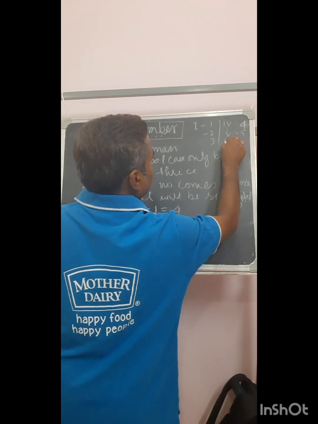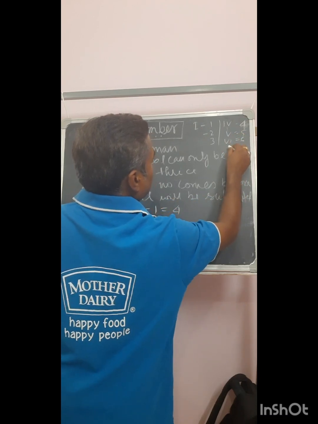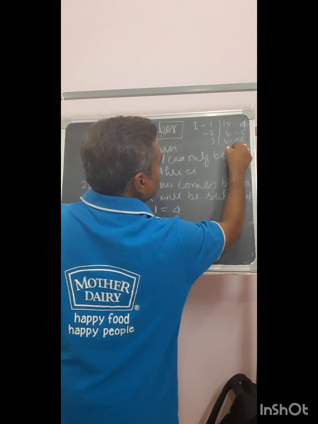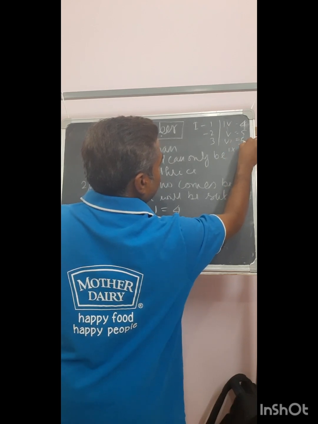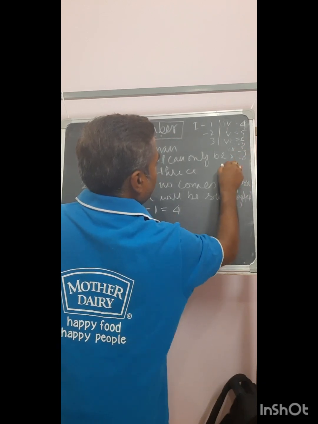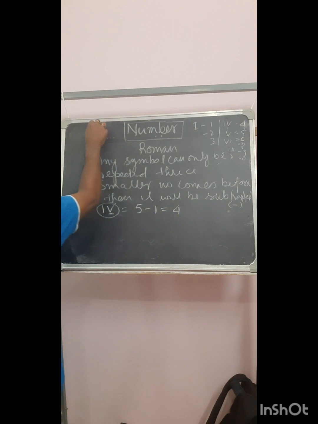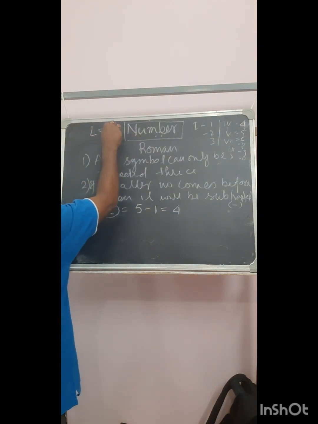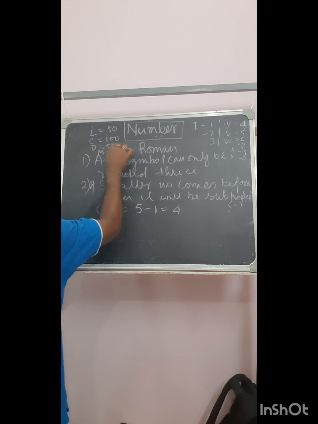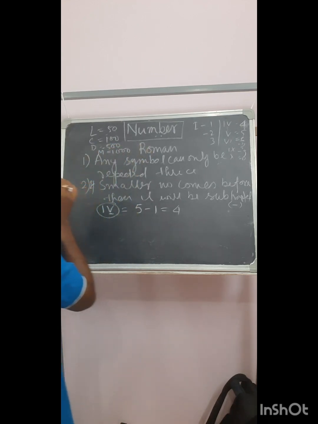VI is 6, then 7, 8, then IX is 9, X is 10, L is 50, C is 100, D is 500, and M is 1000. So these are the variations.